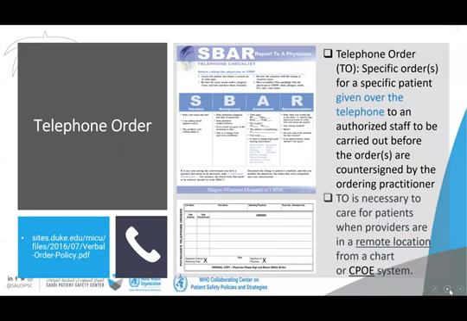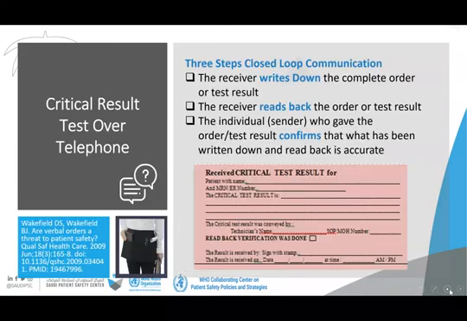But again, this kind of situation needs a witness with you to call somebody else and clarify the order before giving it, because this is a kind of communication where the information can be relayed or perceived wrongly. Whatever the situation, verbal or telephone orders should be minimized as much as we can, because these are error-prone communications that can lead to patient safety events.